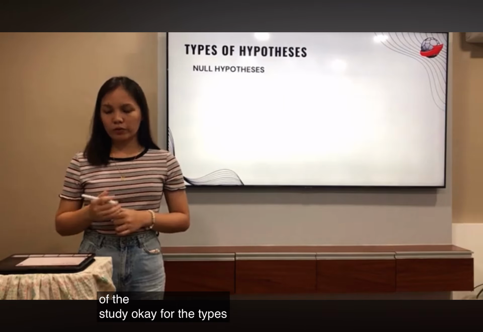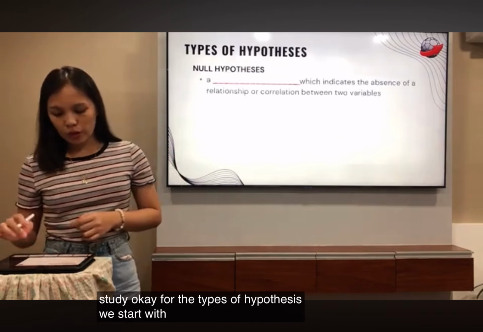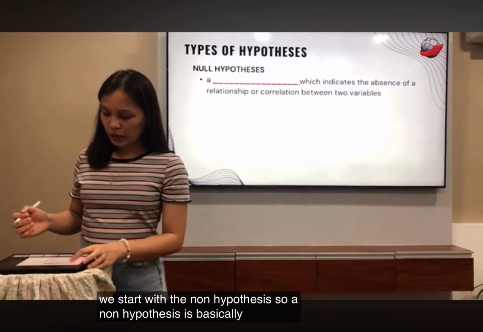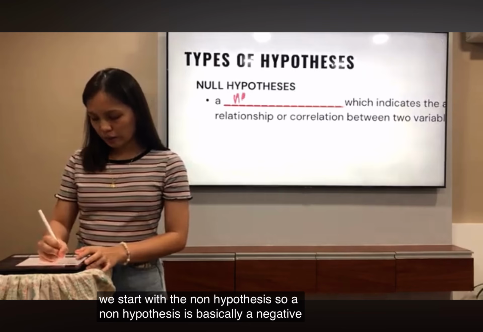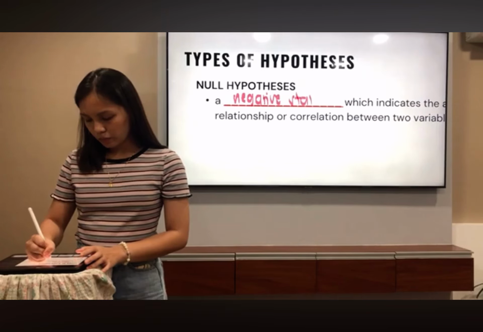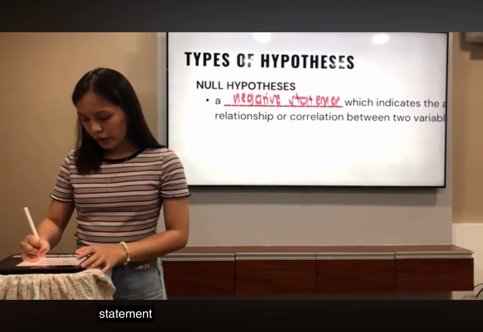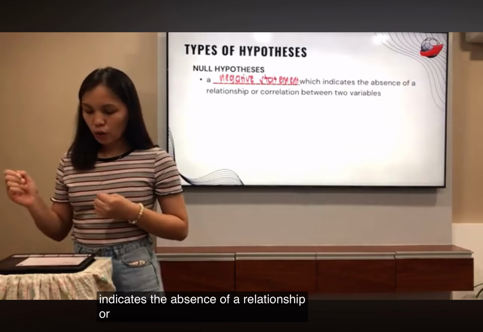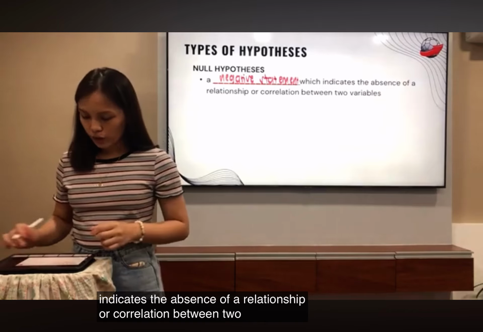Okay, for the types of hypothesis, we start with the null hypothesis. A null hypothesis is basically a negative statement which indicates the absence of a relationship or correlation between two variables.